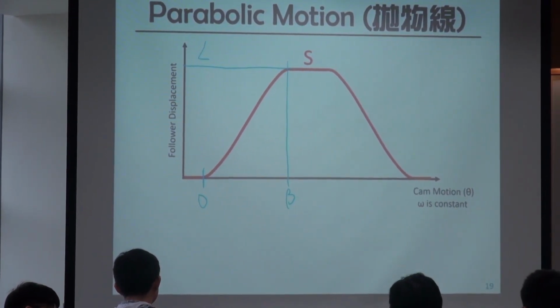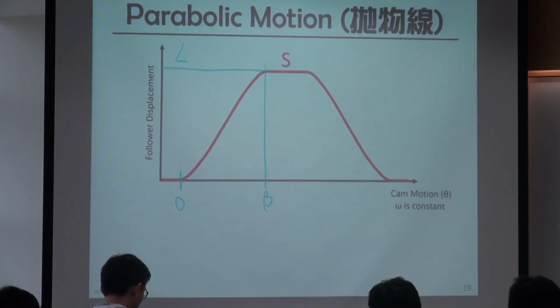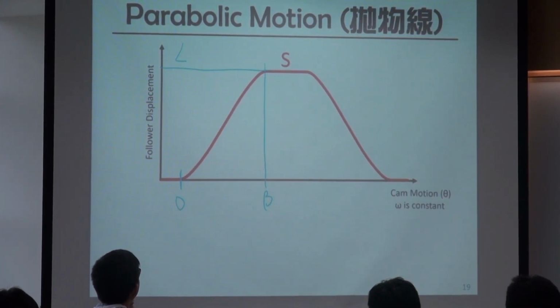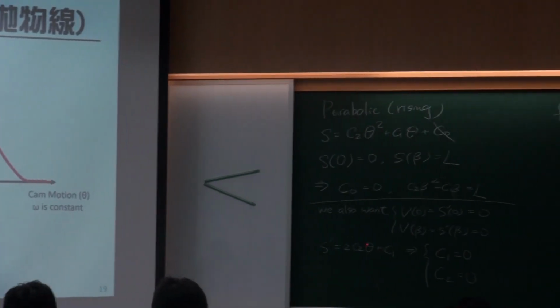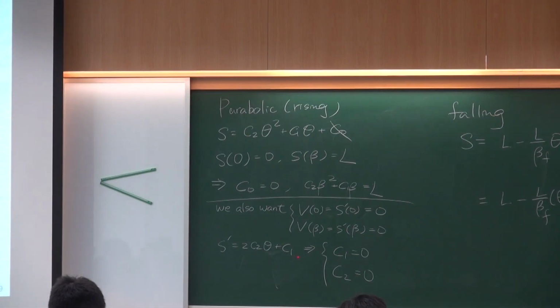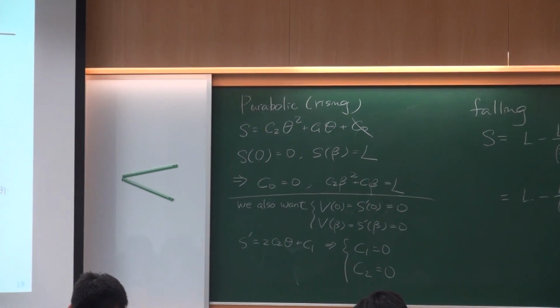But if we want to satisfy these two equations, we will take the derivative of s. So we get s prime is 2c2 times theta plus c1. You differentiate this with theta, and you will get this.